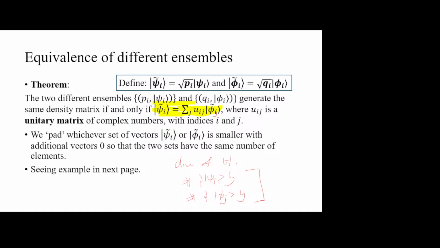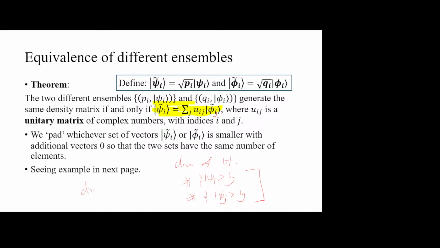We have the dimension of the Hilbert space, and the number of vectors here, the number of vectors here, and then there is an extra thing, which is the dimension of the span of the vectors.